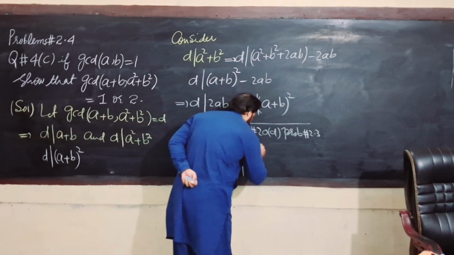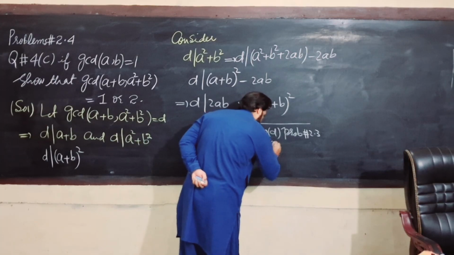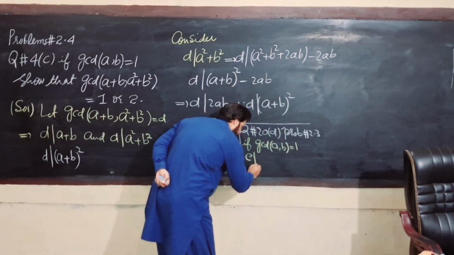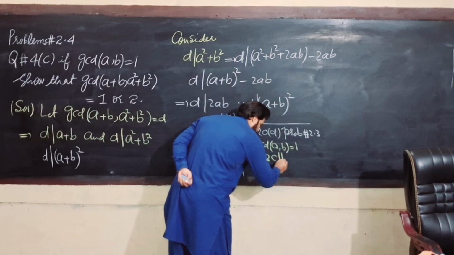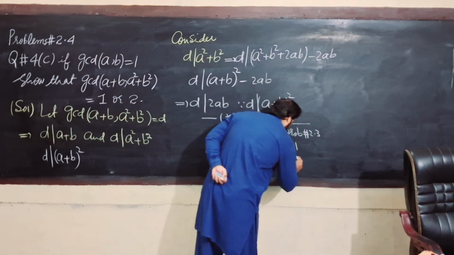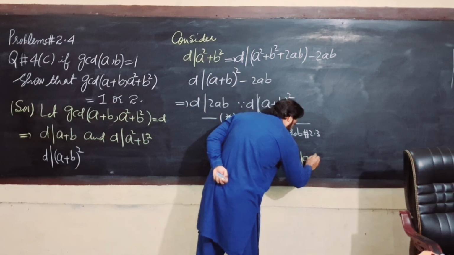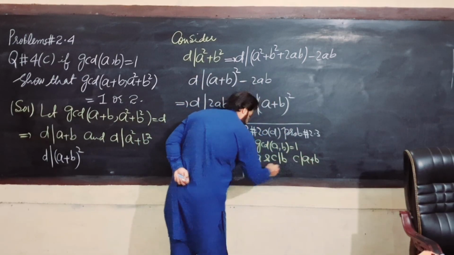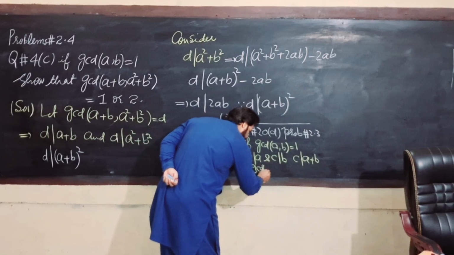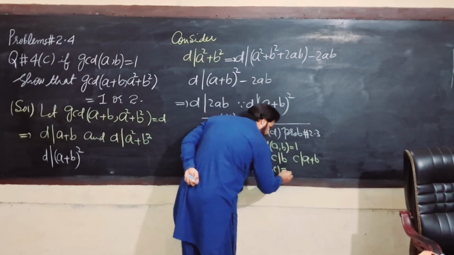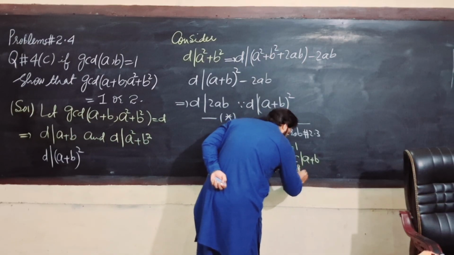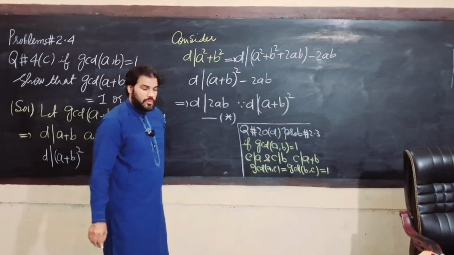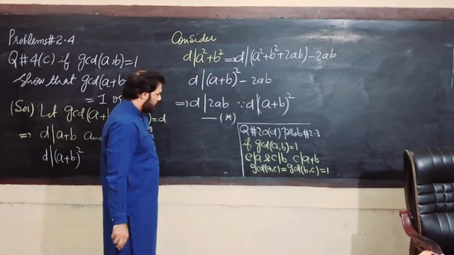If GCD of A and B is equal to 1 and C is a common divisor of A and B, such that C divides the sum of A and B, then the GCD of A and C is equal to the GCD of B and C, and both are equal to 1. So I will use this property here.